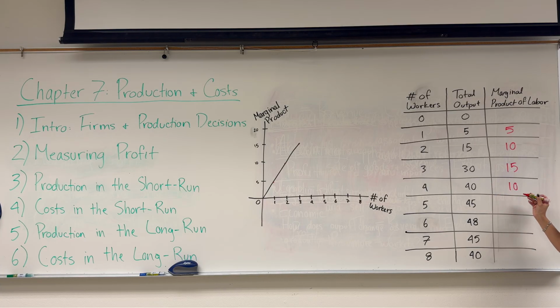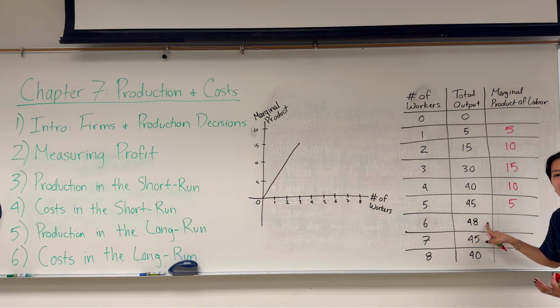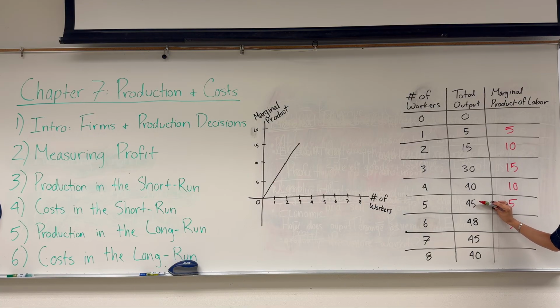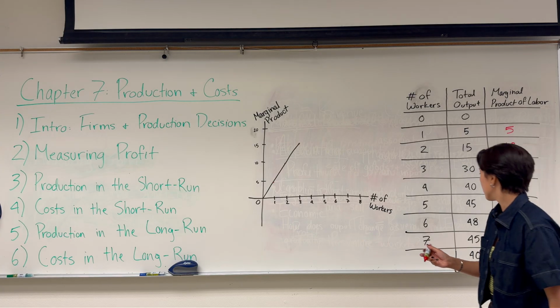This fifth worker is only going to add 5 extra burgers to my total output. Then for the sixth worker, again, they're still adding to my total output, but they're adding less than the worker that came before them. So the marginal product of labor for the sixth worker is only 3 burgers. It's the change in output that happens when I hire the sixth worker.